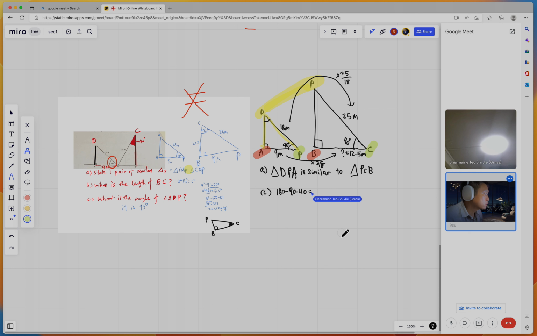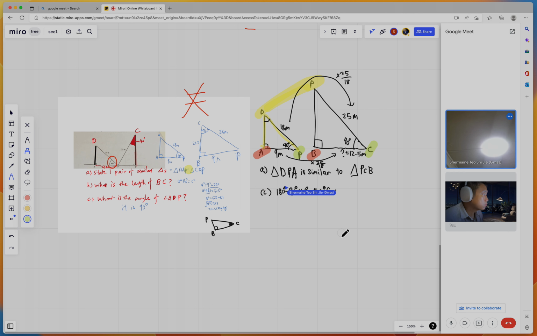What's the reason? First, what's the answer? Second, what's the reason? No reason, you get penalized. 50 or 50 degree? What's the reason?